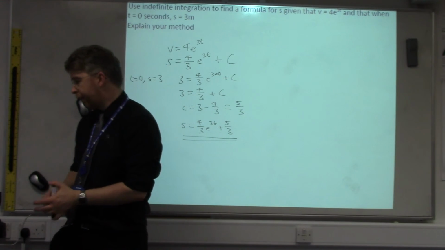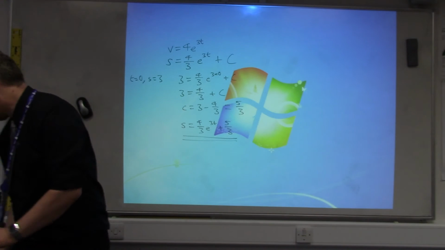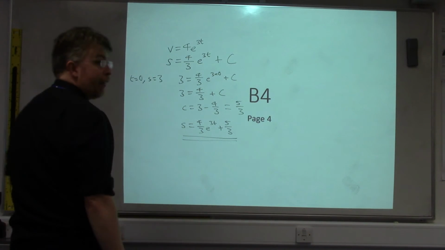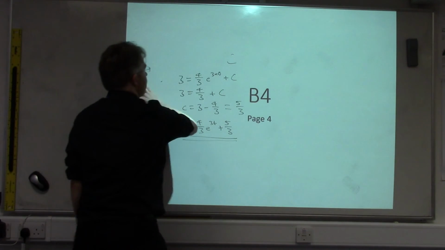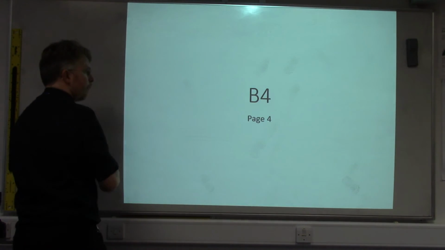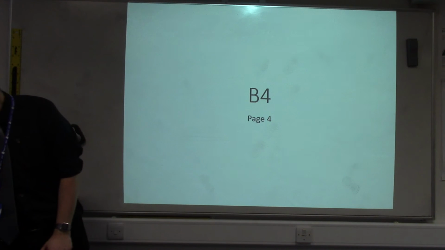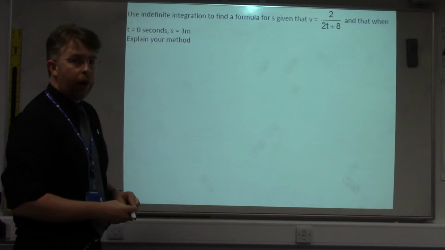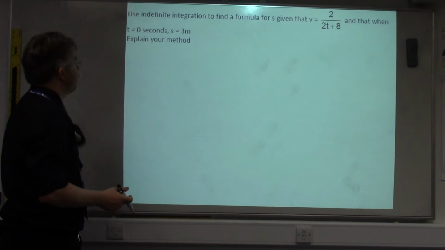And then finally, B4, on page 4 of the examples booklet. So the formula this time is v equals 2 over 2t plus 8.